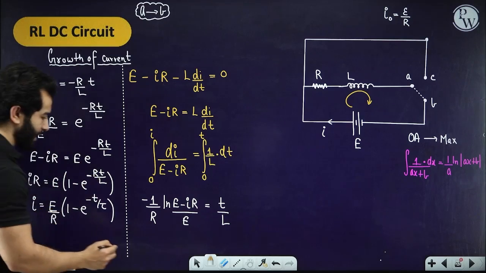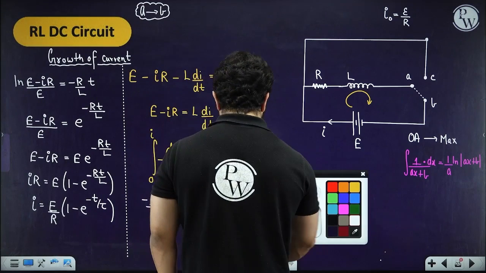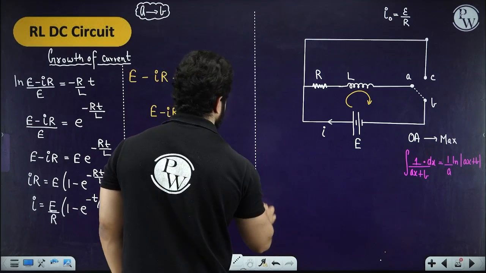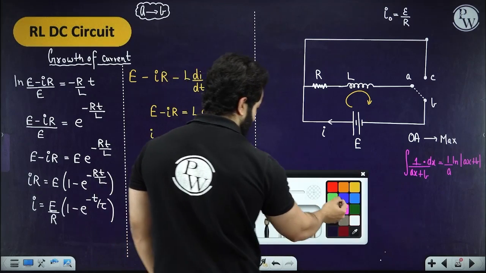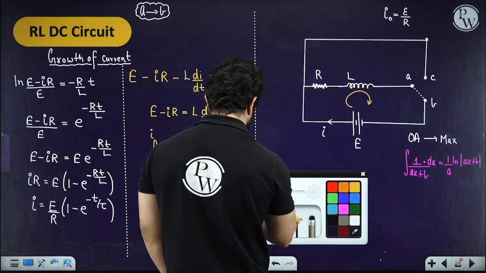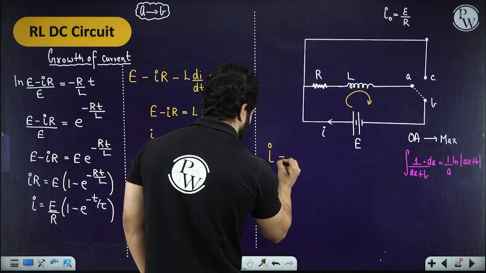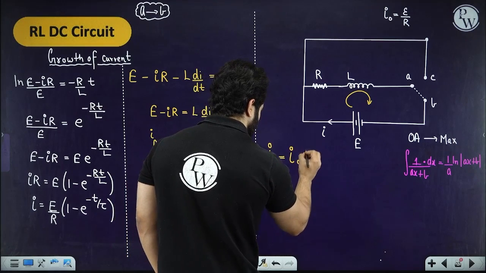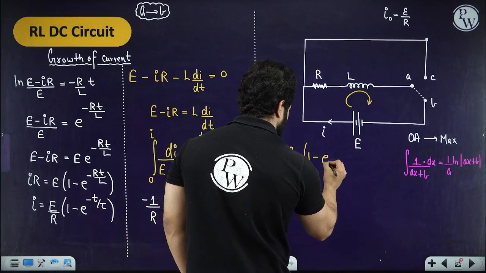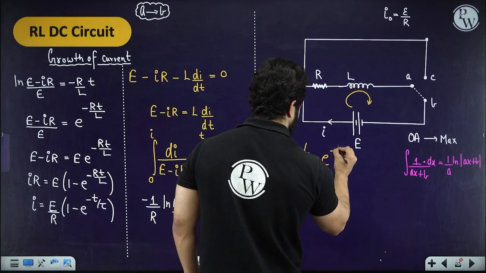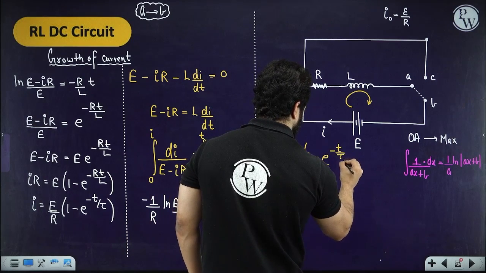And finally the final equation is going to be I equals to I naught times 1 minus e to the power minus t upon tau, right?